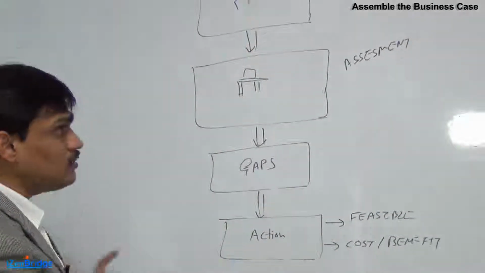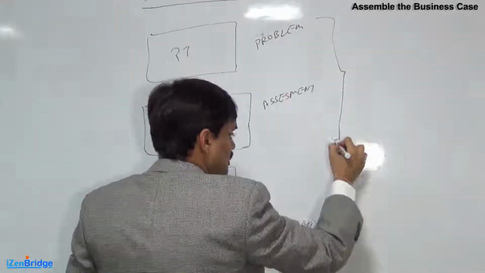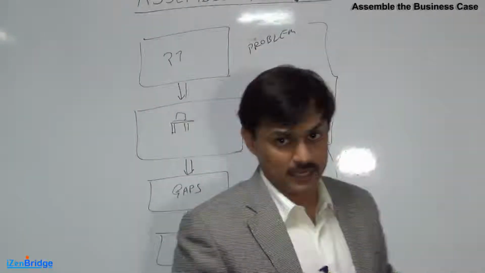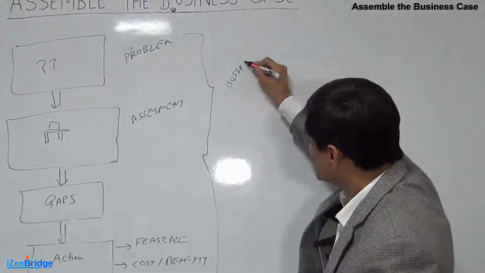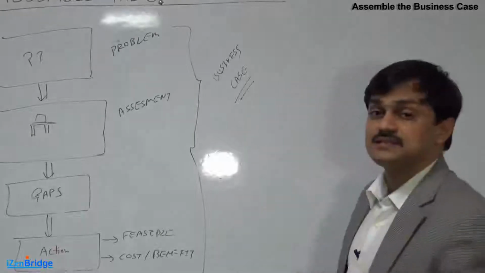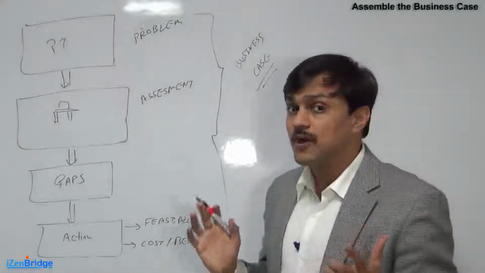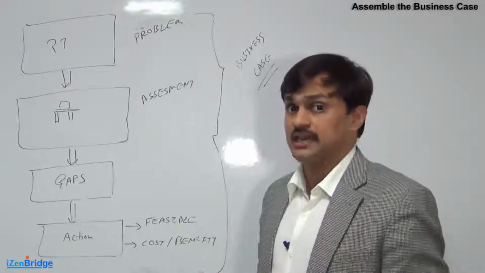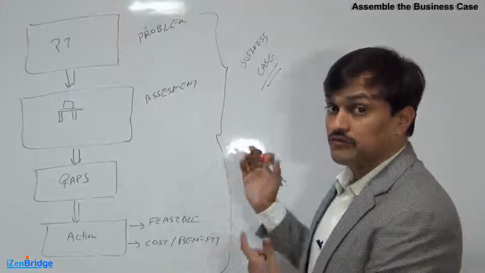Now, all this information is needed when we want to put everything in one documentary format, and this goes into a document called a business case. The primary intent of a business case is that we don't have to solve all the problems. Only the problems which help us in getting more money should be taken forward.